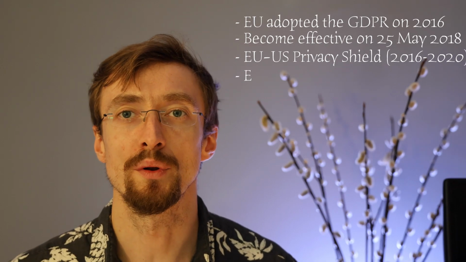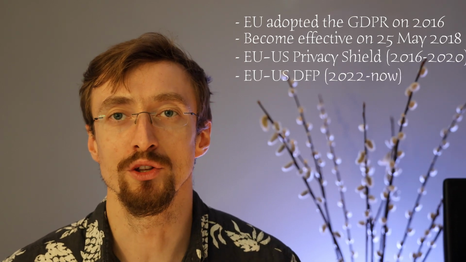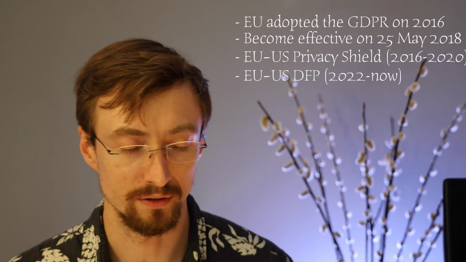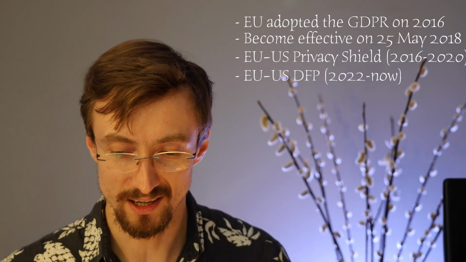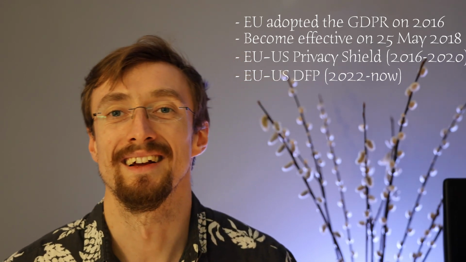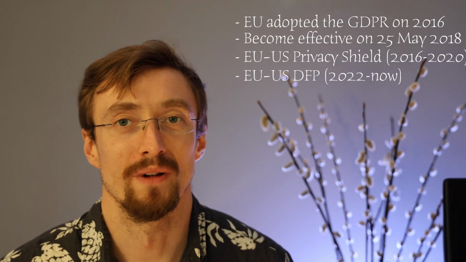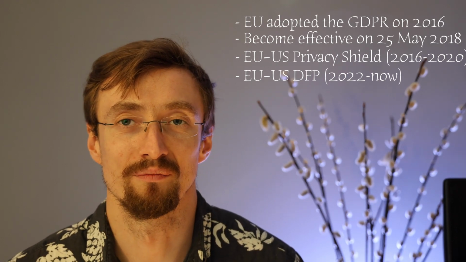And then in 2022 a new version reappeared, which was called the European and United States Data Privacy Framework, which is probably also going to be broken after some time in the courts. So that's basically the idea behind.